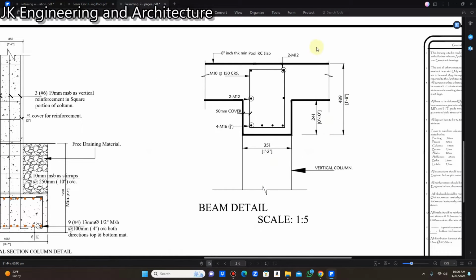Now let me move to the beam detail. As I said to you before, the beam is 1 foot 2 inches thick by 18 inches in depth, so that works out to be 18 inches by 14 inches, right? I've shown you that already on the plan view of the pool.